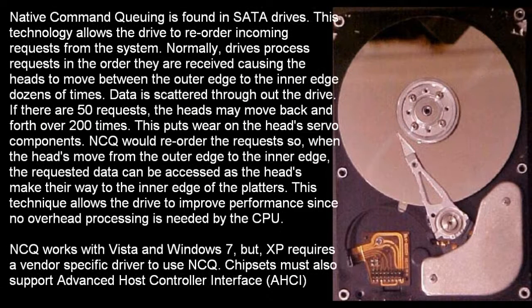Now, in order to use native command queuing, you'll need either Windows Vista or higher. To my knowledge, the Mac operating systems don't use native command queuing. If anybody knows different, let me know.